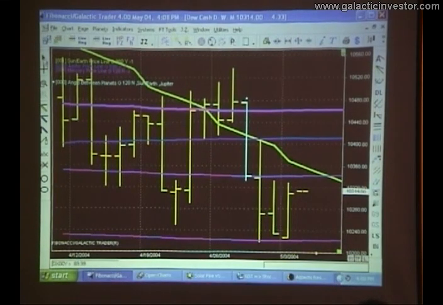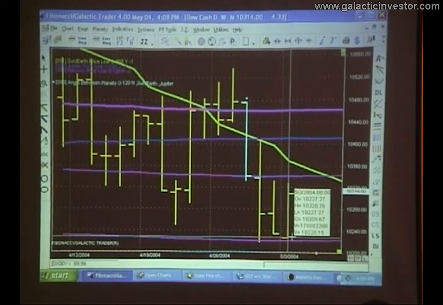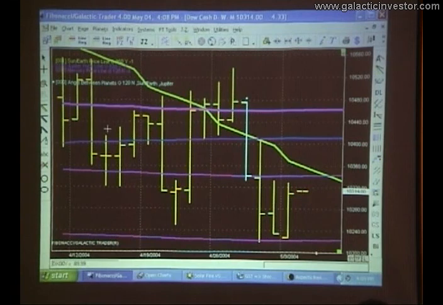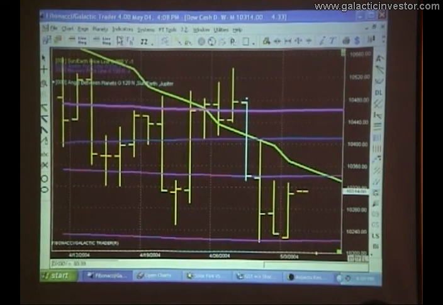Okay, it looks like we have a precise planetary low here, the Mercury 120 line, yesterday. That's coming in a day ahead of the Mercury trine Pluto aspect, right? This is -2.